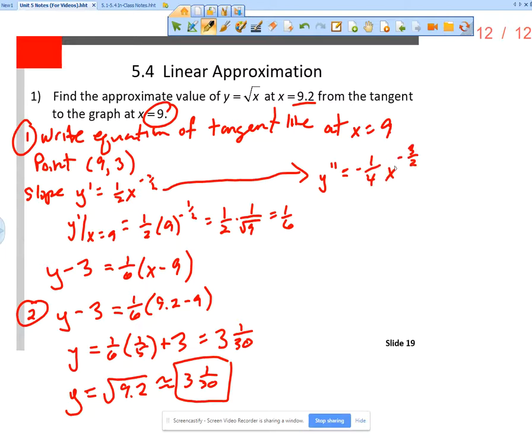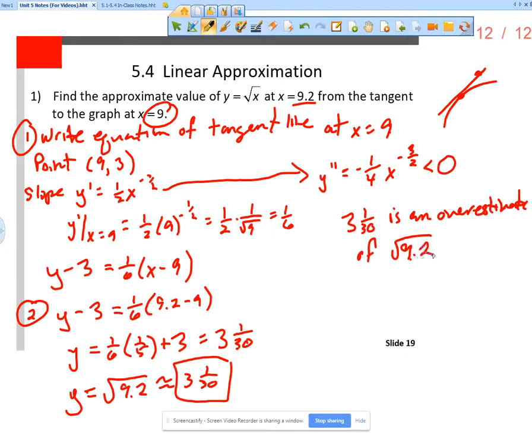No matter what number you plug in there, obviously from the original domain, it's going to be a negative number. So y double prime is less than 0, therefore the curve is concave down, and a tangent line is going to be above the curve. So 3 and 1/30th is an overestimate of the square root of 9.2.